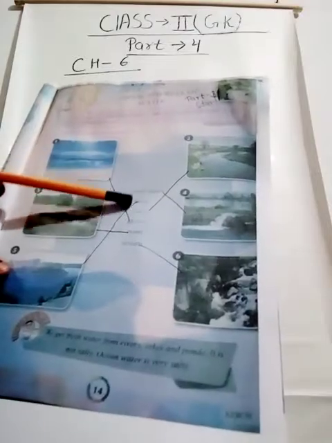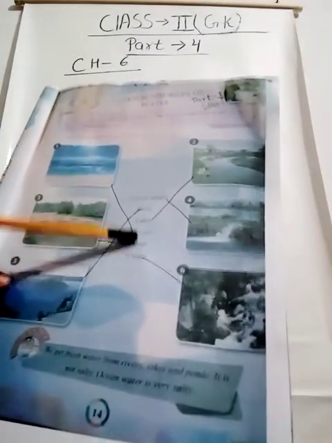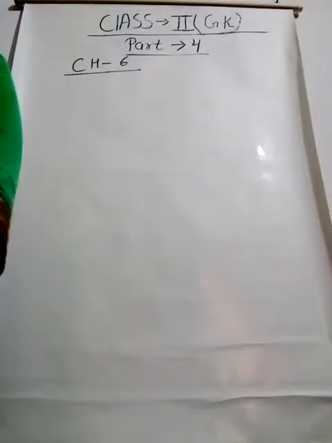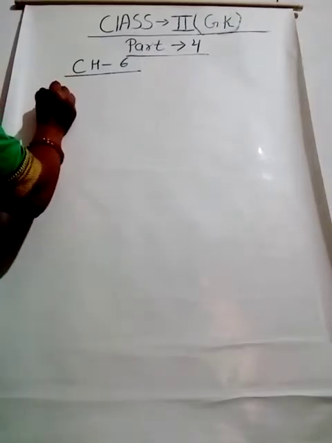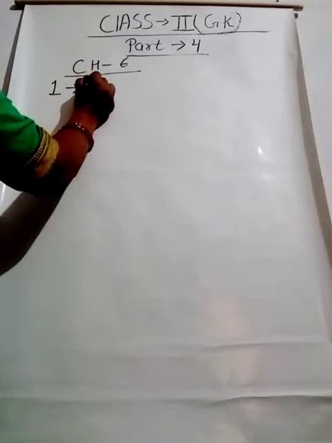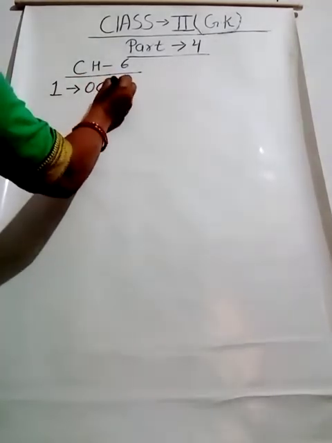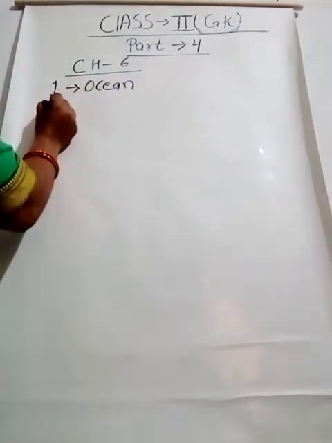Clues are also given here. You have to just match the clue with the appropriate picture. Number one picture, if you look at your picture, it looks like an ocean, so match it with ocean.